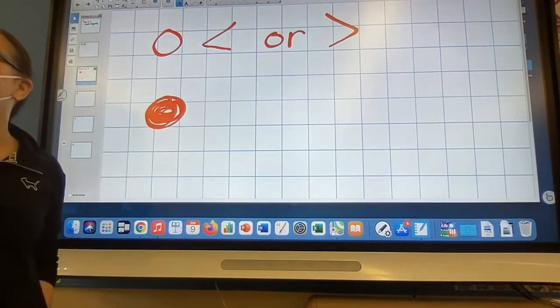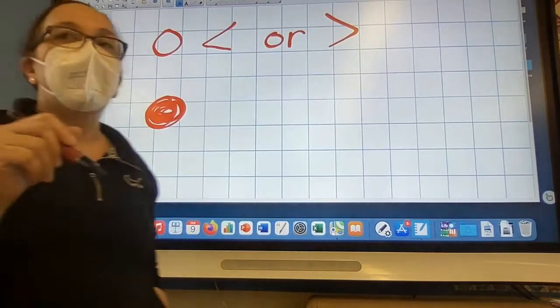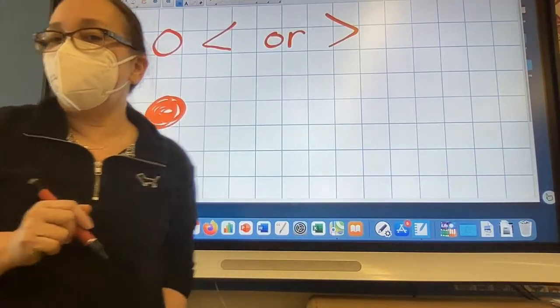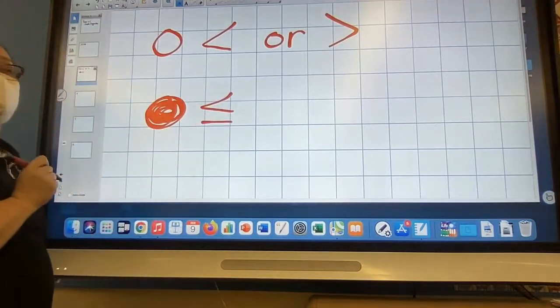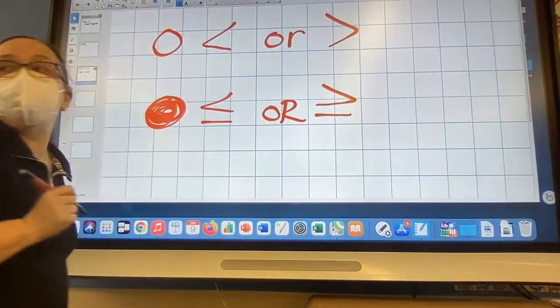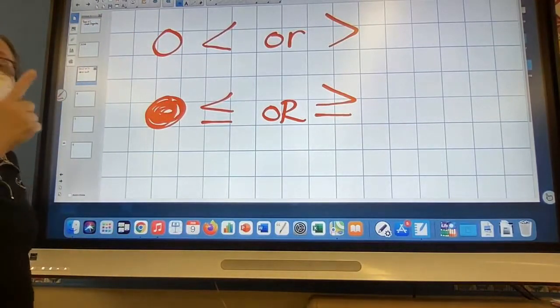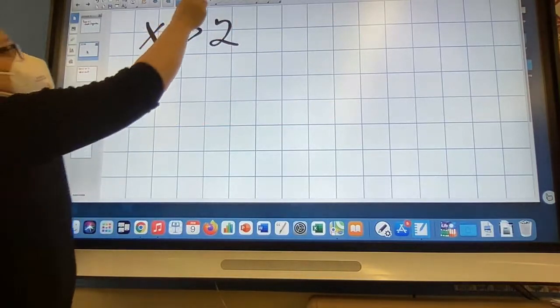When is the time that we're graphing with a closed dot? Less than or equal to or greater than or equal to. Remember that. So going back to this one, we are going to graph this.